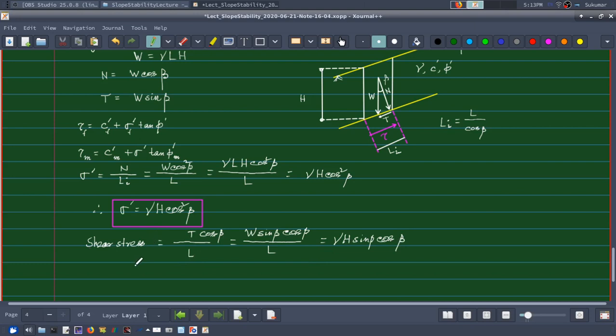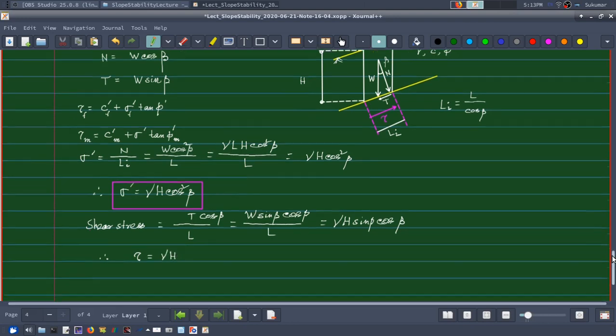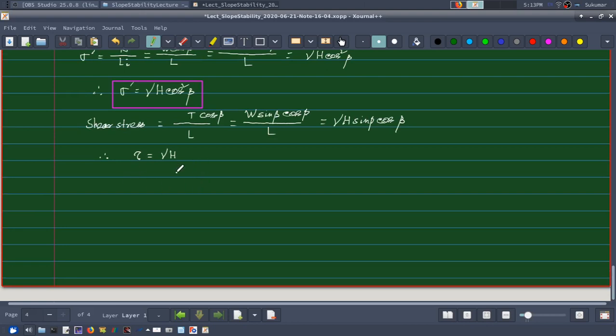Let me note this down once again. So tau is equal to gamma H sine beta cos beta.